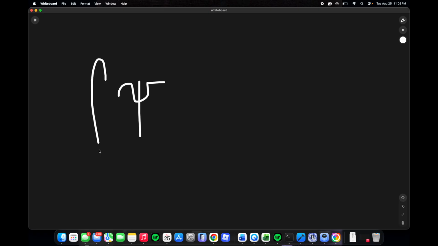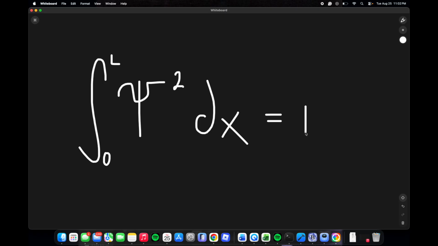So if we take an integral of the wave function squared dx, we say that this probability from 0 to L, the contents of our box, is in unity, which means the probability just comes out to 1. Okay? That shouldn't be too hard to see. If it's in unity, the probability of finding an electron anywhere in that space is simply 1.